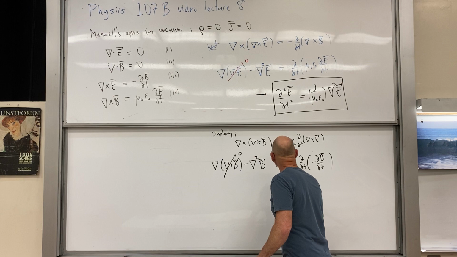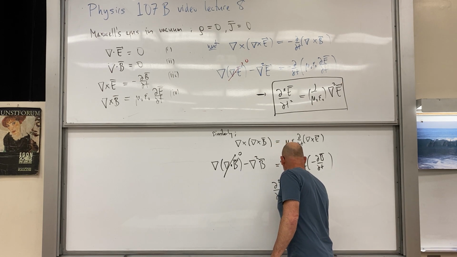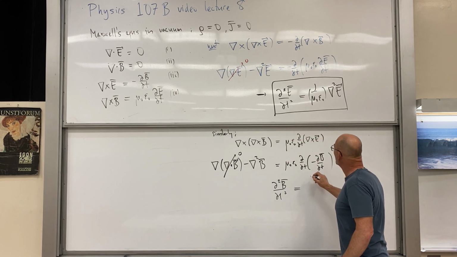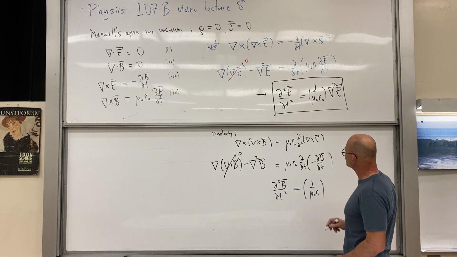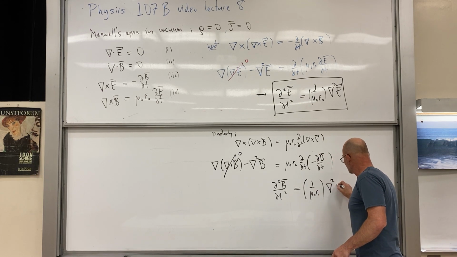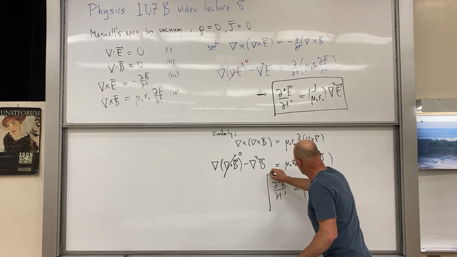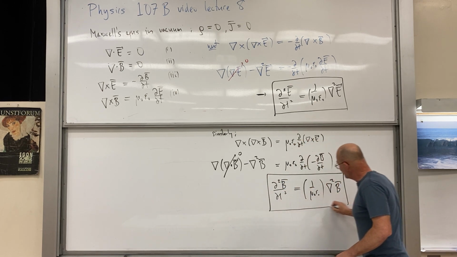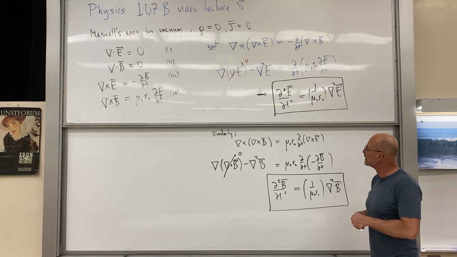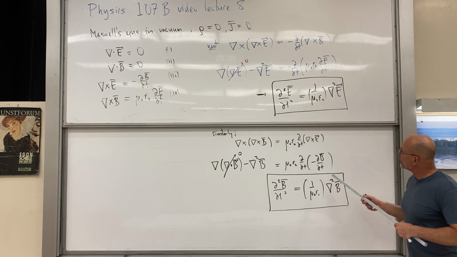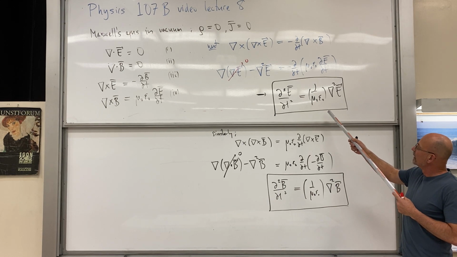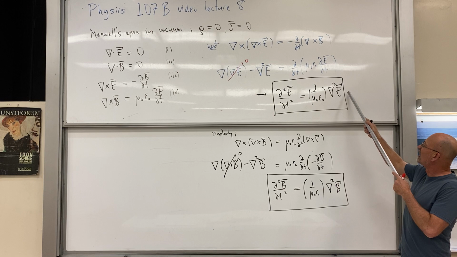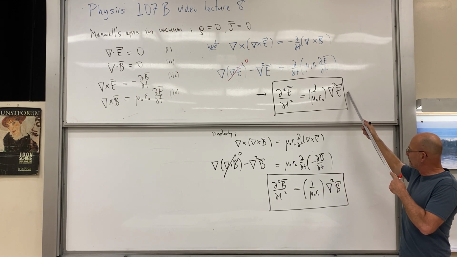We've got the second time derivative, d squared B dt squared equals 1 over mu naught epsilon naught del squared B. Both of these equations are of course recognizable as wave equations. So we have in vacuum the possibility of electromagnetic waves.